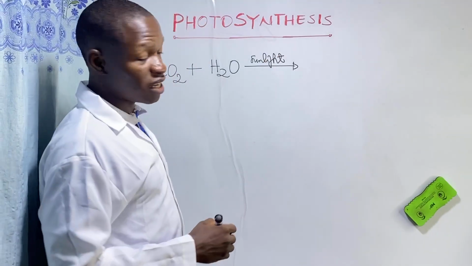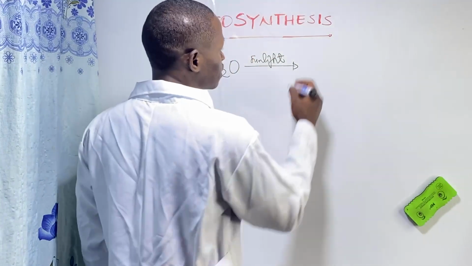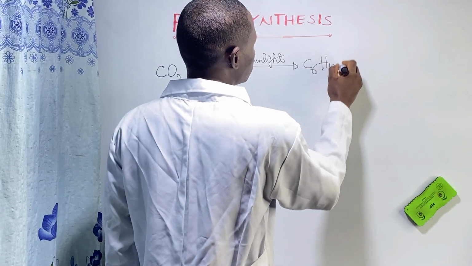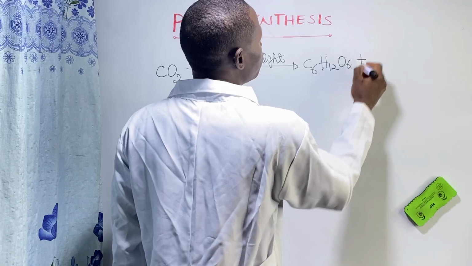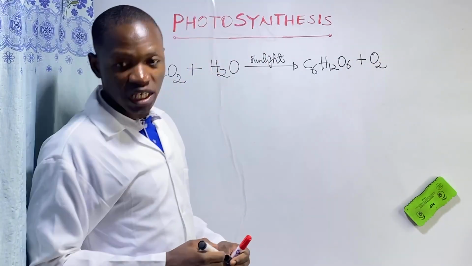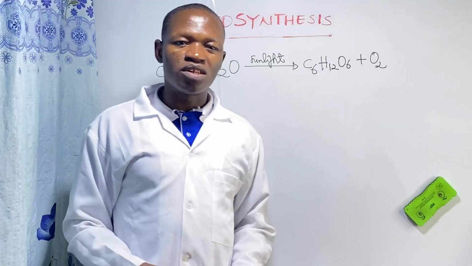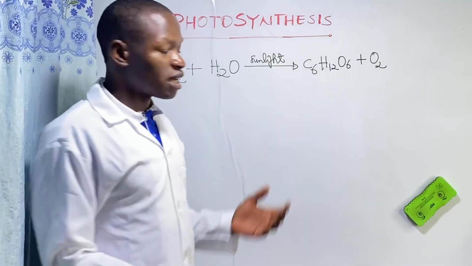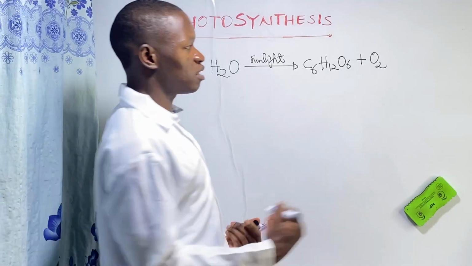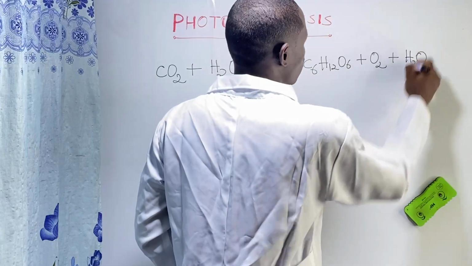Sunlight trapped by the chlorophyll in the chloroplast to produce glucose, C6H12O6, plus oxygen as a waste product, right? But when we are at the advanced level, we realize that water is also formed as one of the products of photosynthesis. So here we are going to add plus water.